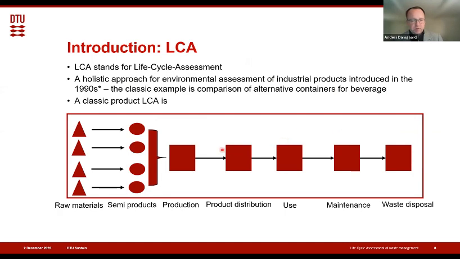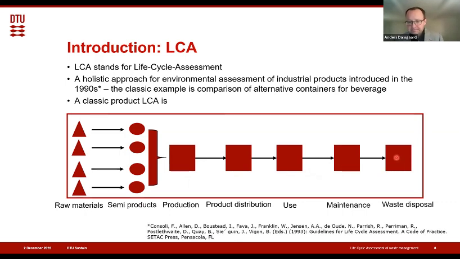It's what we call cradle to gate. So we start from raw material extraction, via processing those materials into semi-products that go into final products. We distribute these, we use them in society, and then we maintain them, and finally we dispose of them in the waste.